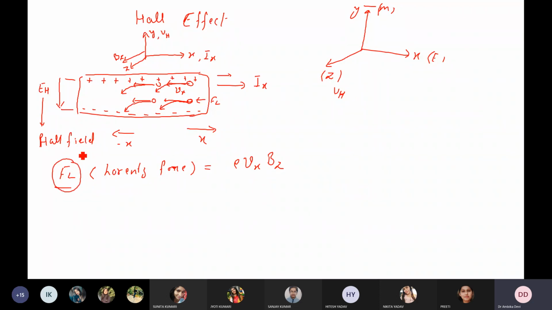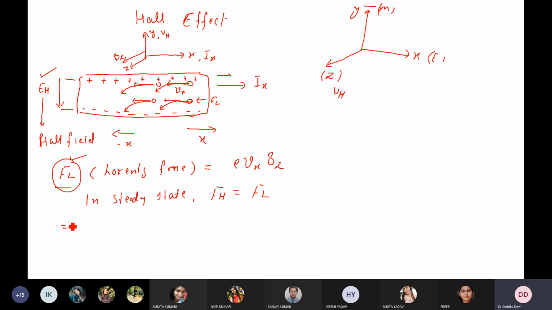But due to this external force, a Hall voltage is being generated inside the specimen, right? And this Hall voltage, or this force which is generated due to this potential difference, will oppose this Lorentz force, right? And in steady state, this Hall force, which is the internal force, must be equal to the Lorentz force.